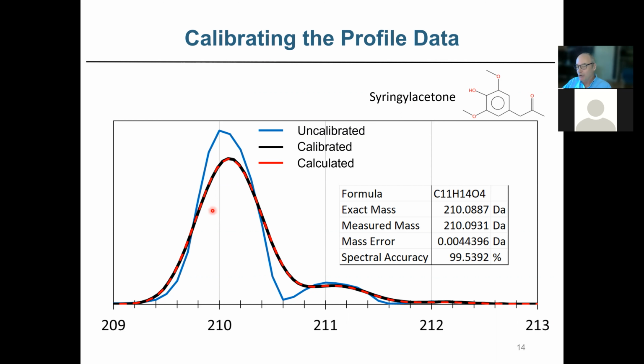So what we would like to do, as we talked about, is compare the isotope profiles. And what we see here in the red is actually a calculated isotope profile for this particular compound, C11H14O4. If it matches up really well, that plus the mass accuracy is going to give us a confirmation of the formula.